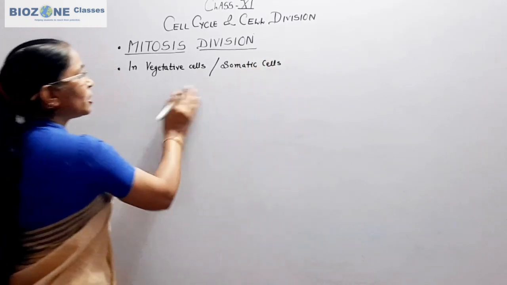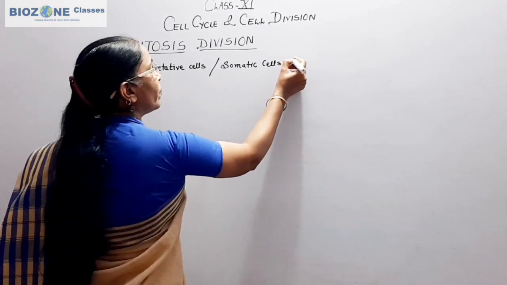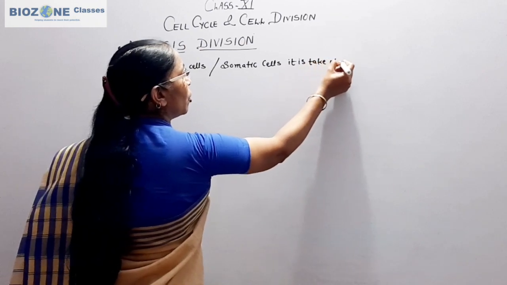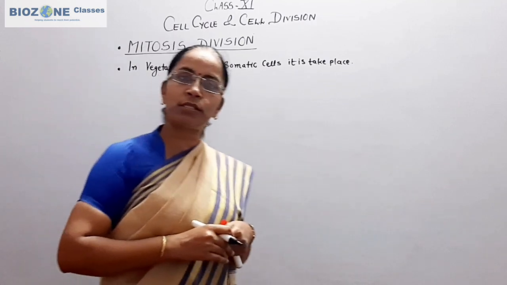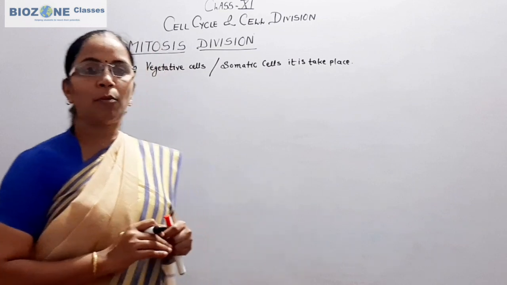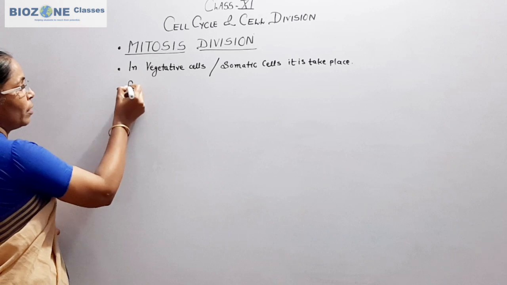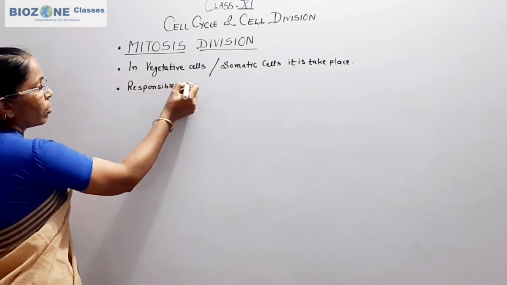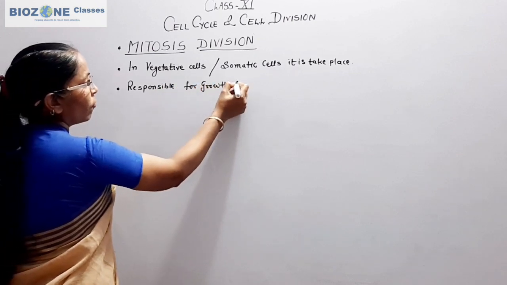So in vegetative cells or somatic cells it takes place. Remember this first. Now whenever vegetative cells and somatic cells undergo mitosis division, growth and development of the body is completed. So predominantly, mitosis division is responsible for growth and development of the body.